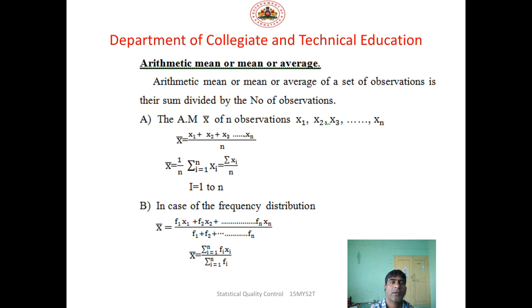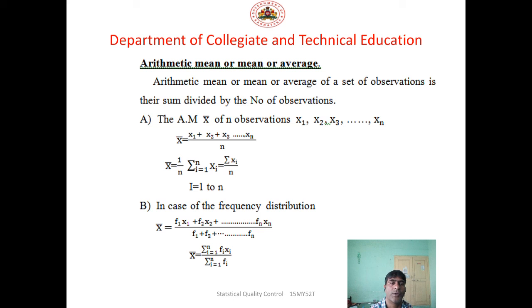Next, one more case we are having, the second case, in case of frequency distribution. So we will be having a frequency distribution. For every class we will be having different frequencies, so that time we have to take the average of the class. So the formula is x bar is equal to f1 x1 plus f2 x2 plus so on up to fn xn divided by f1 plus f2 plus f3 plus so on up to fn.